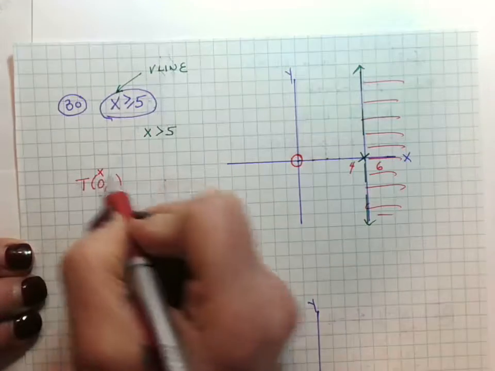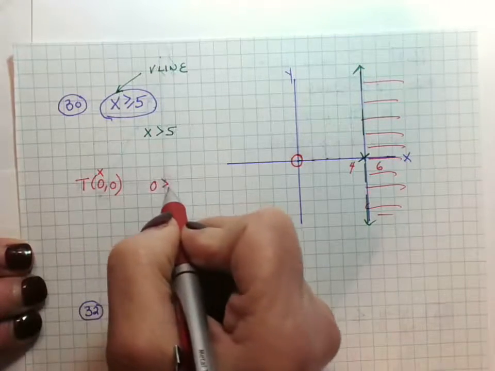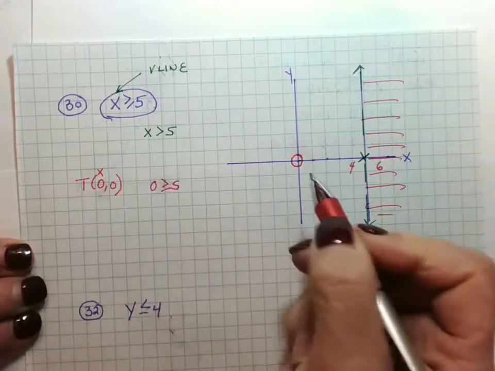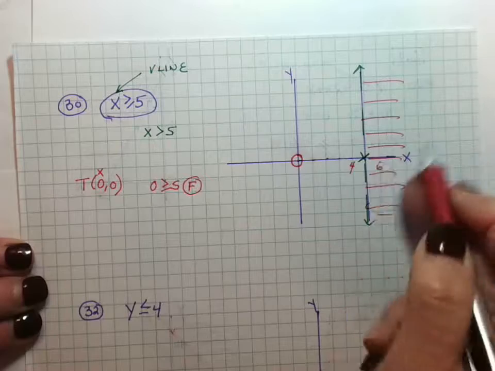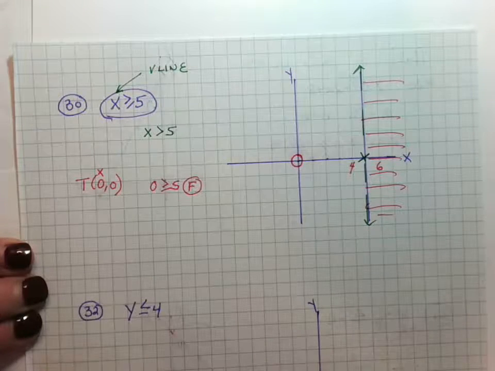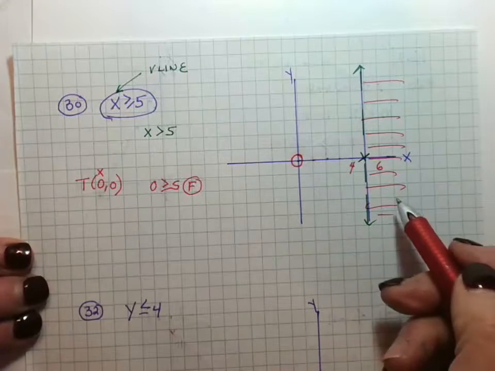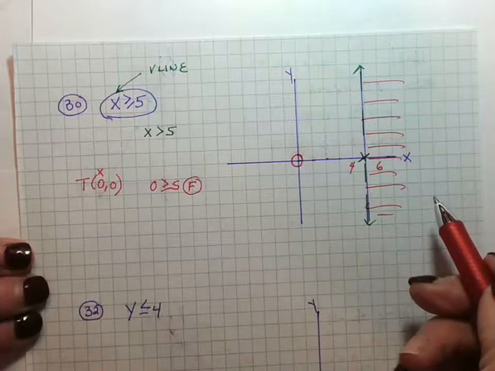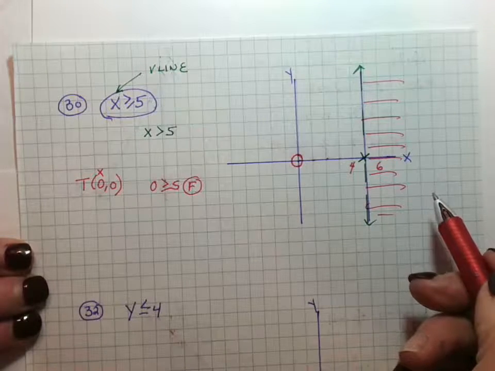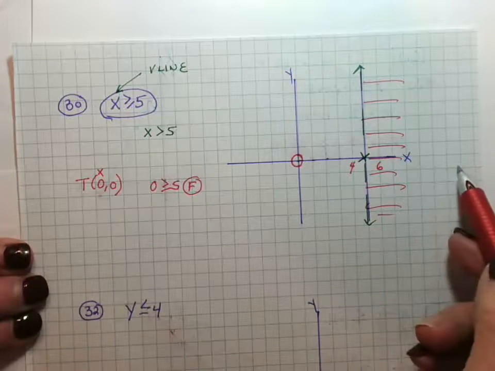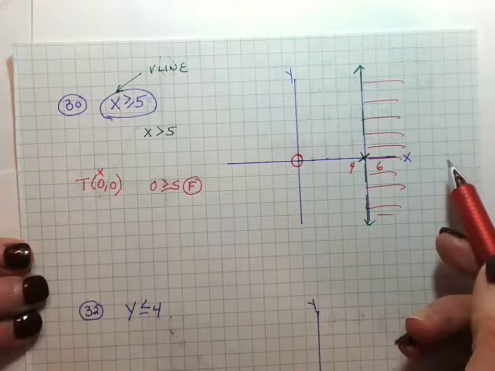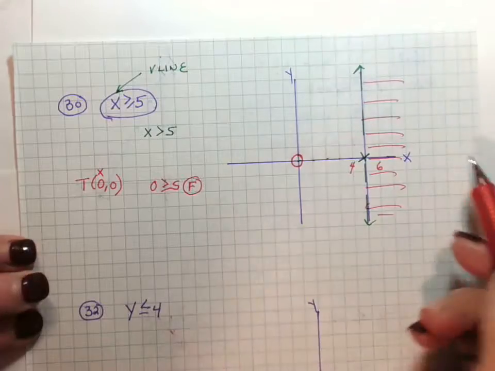And the X coordinate, 0 greater than or equal to 5, is false. So that's why we shaded that side. For horizontal and vertical lines, you really don't have to test the points. It's just obvious that it's going to be greater, so it's going to be going on to the right-hand side.